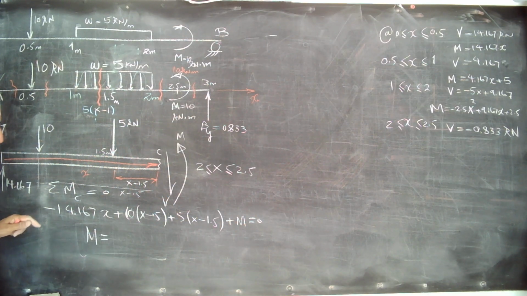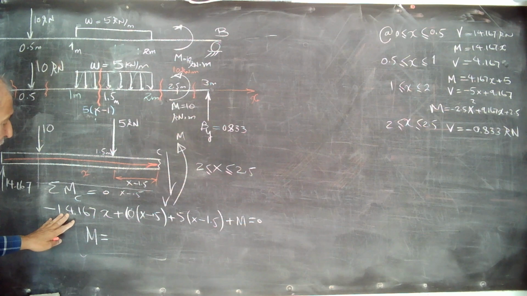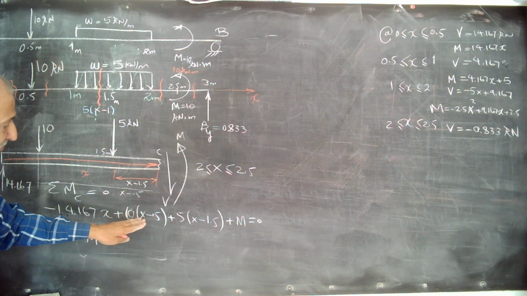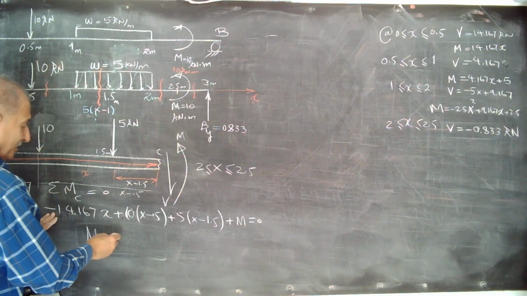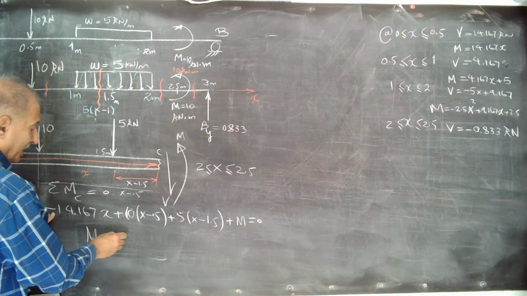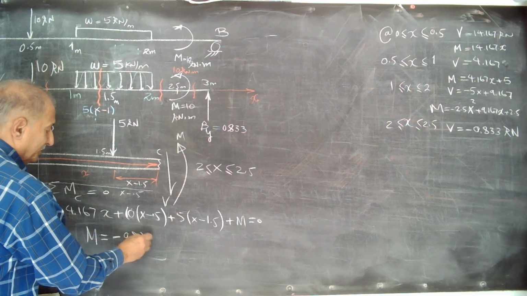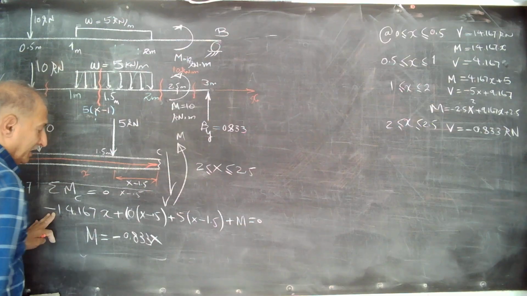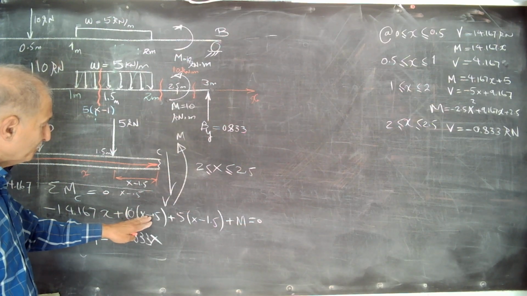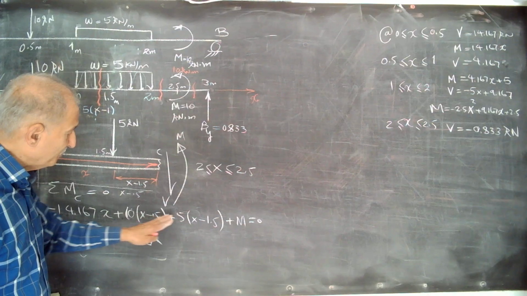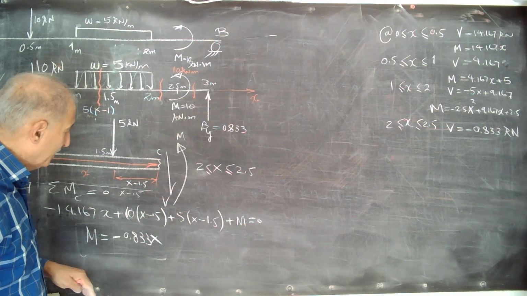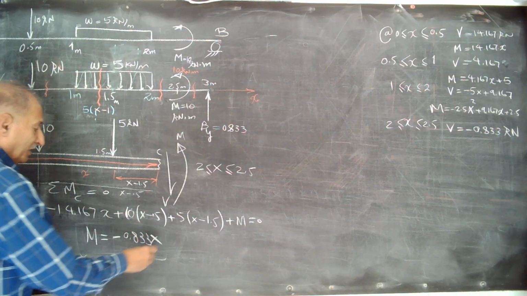M is equal to minus 14 plus 10x plus 5x is 15, actually plus and minus 0.833x. 10 times minus 0.5 is minus 5, minus 7.5, minus 12.5.